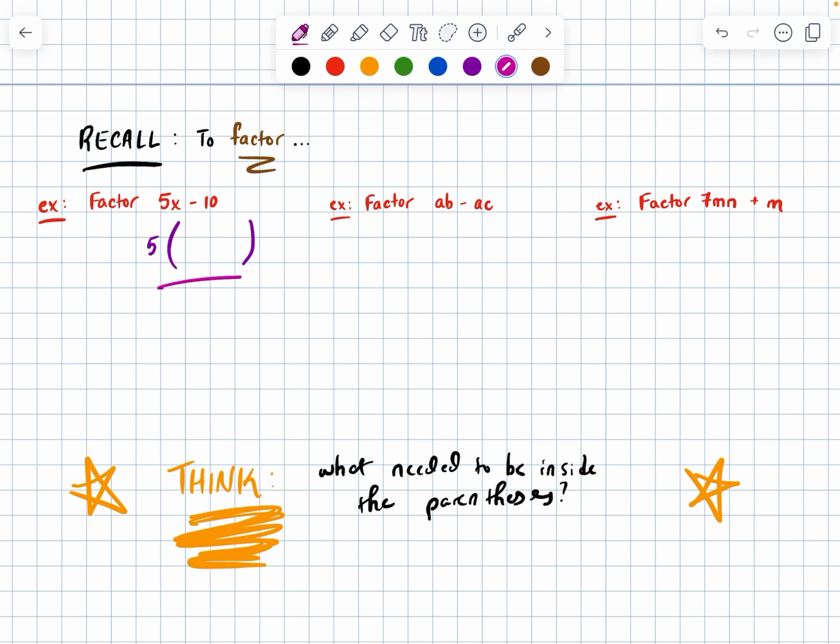So what needed to be inside of the parentheses so that when I do my distributive property, I get back to 5x minus 10? Take 10 seconds, think. Go.